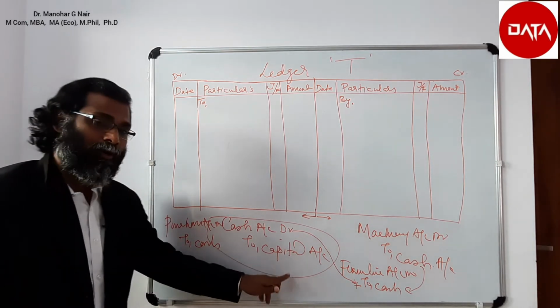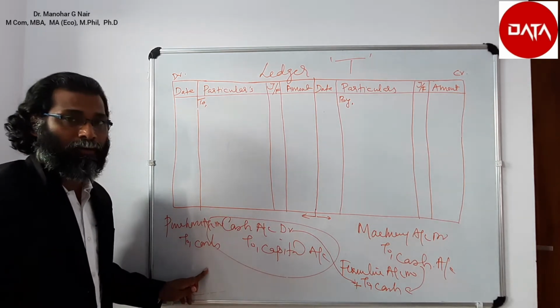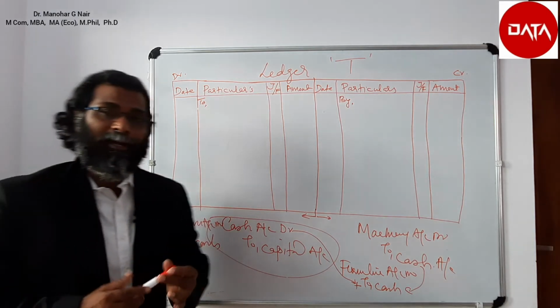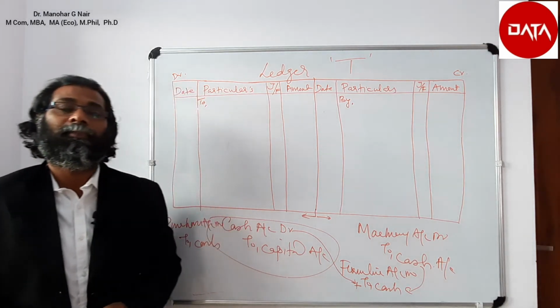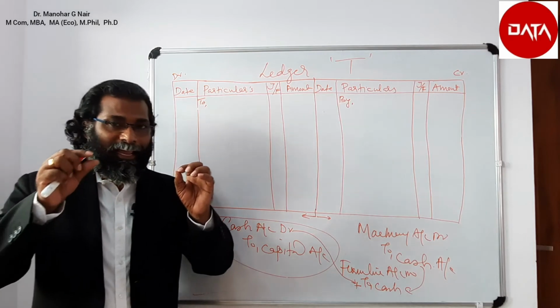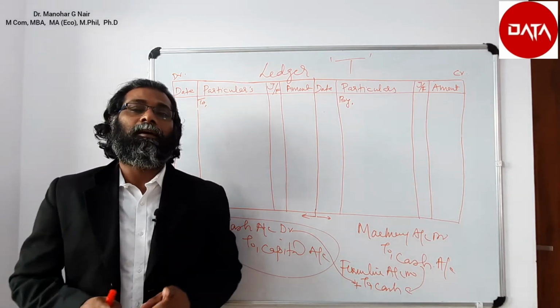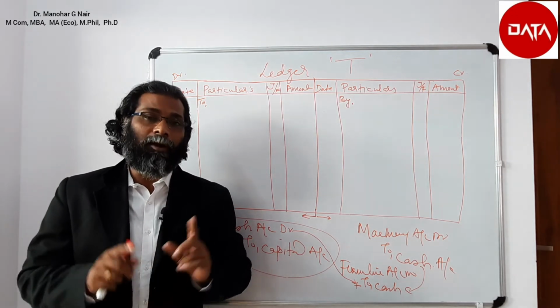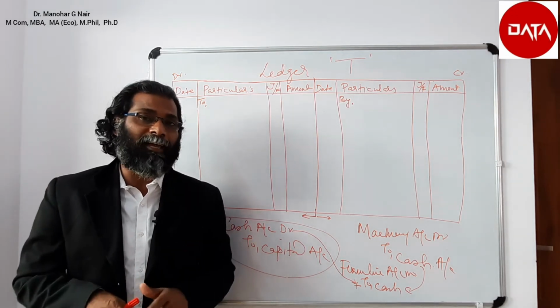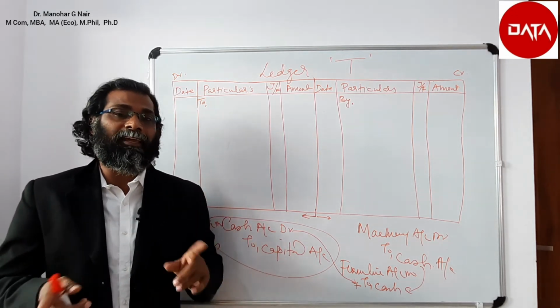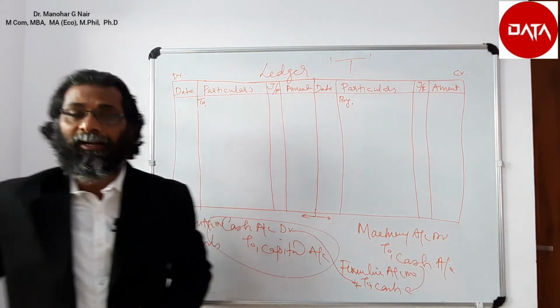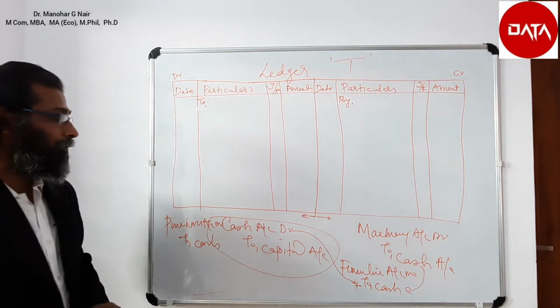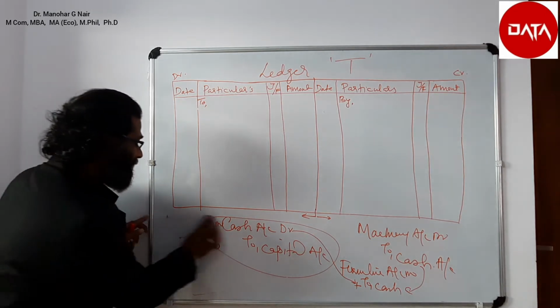If the cash account is already opened, we need not open it again. So my dear friends, please understand that for every element in the journal, we have to open an account in that name. If we already opened it for that particular time period, then we need not open it, we can enter there.